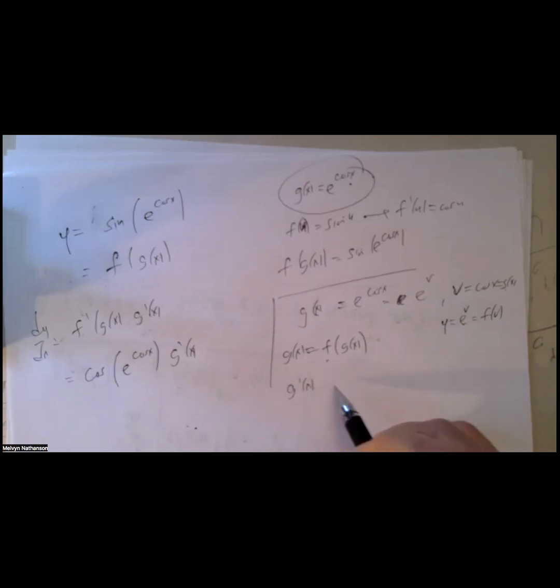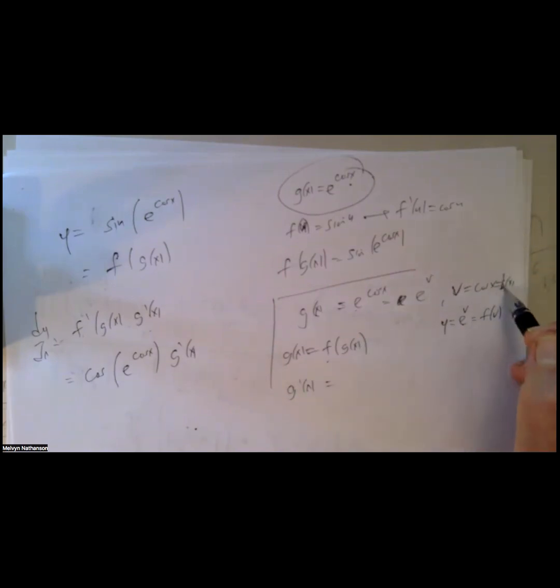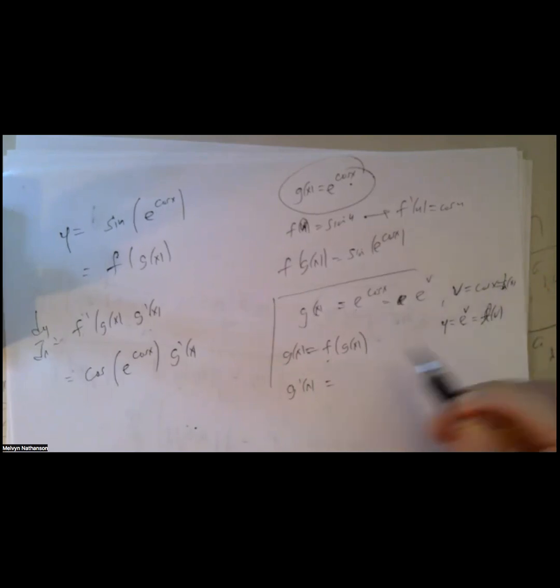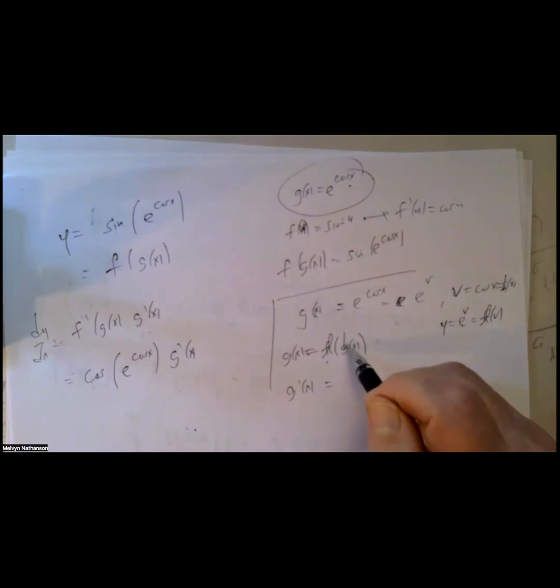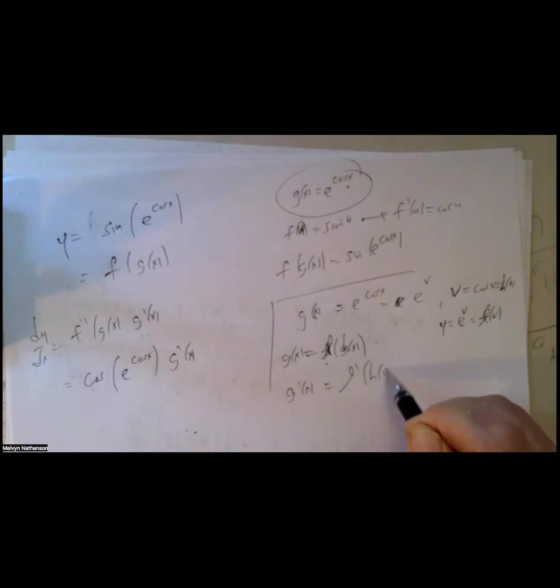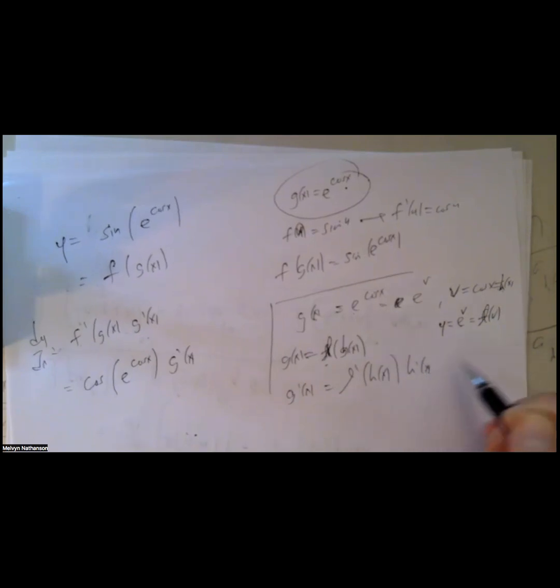So g prime of x by the chain rule is, actually, let me call this h, and I'll call this L. So this is L of h of x. So this is L prime of h of x times h prime of x. L of v is e to the v, so this is just e to the h of x. And if h of x is the cosine, h prime of x is minus the sine.